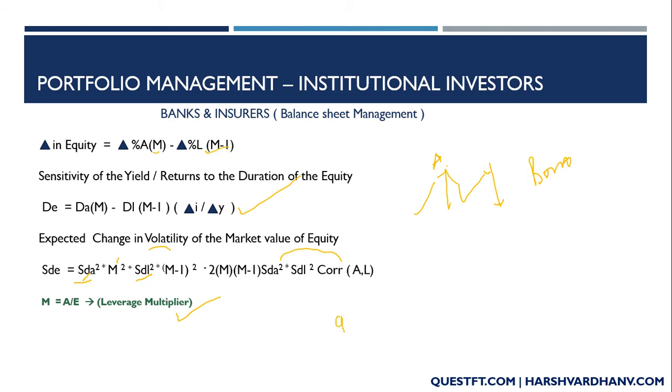So it's standard deviation of assets squared plus standard deviation of liability squared minus 2 times standard deviation of assets, standard deviation of liability, into correlation of asset and liability. If you just remove the M terms, this looks like a portfolio variance formula. Quite simple in that sense.